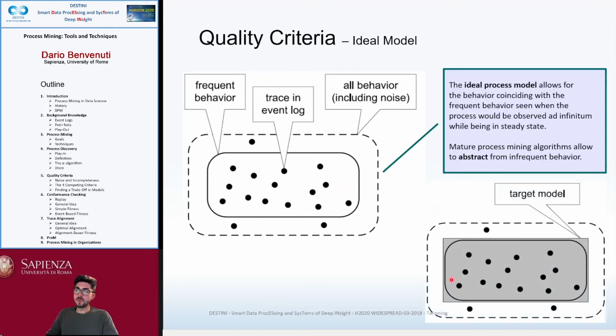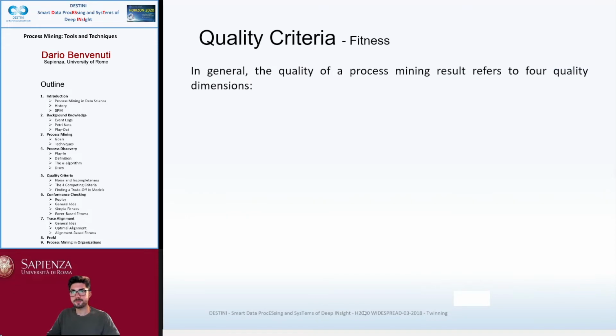So the one that we target, of course, is the traces that we have in the event log with some of the external activities that are not represented.